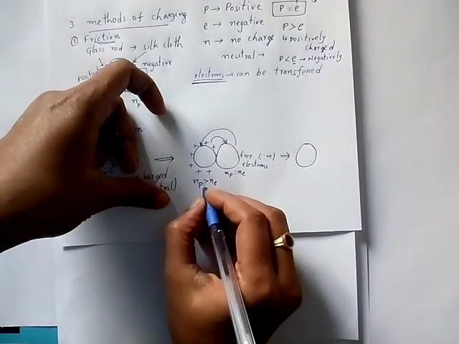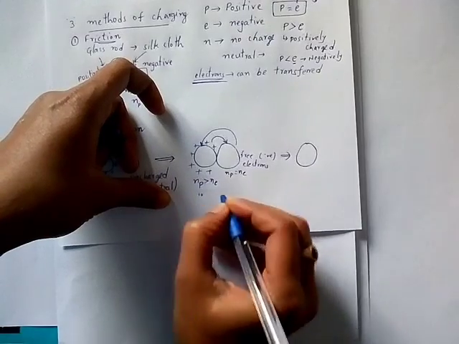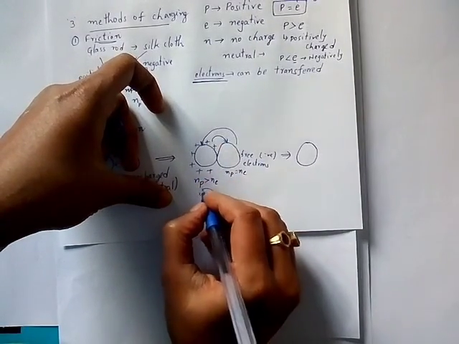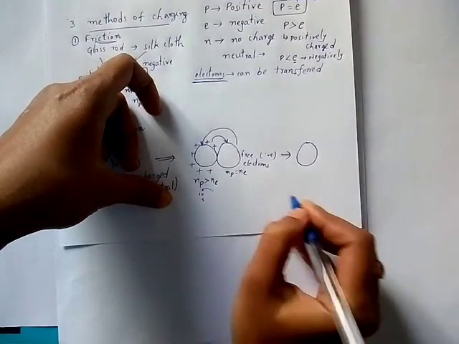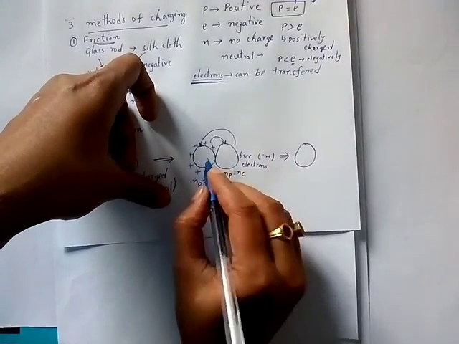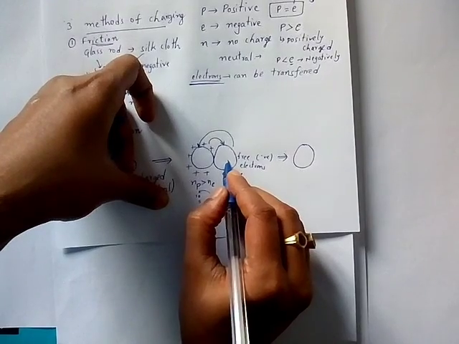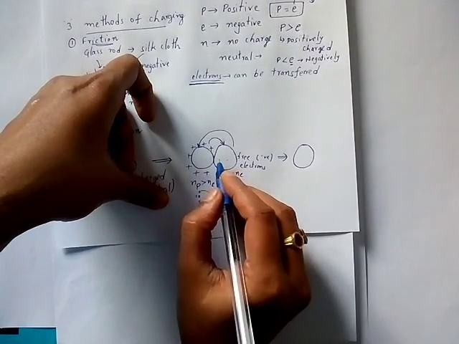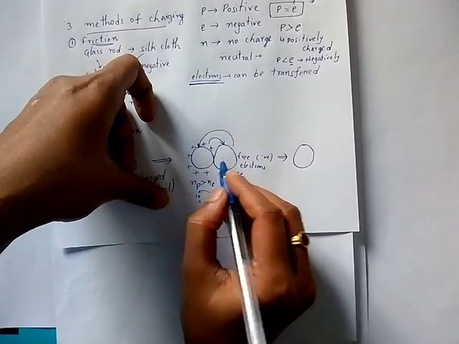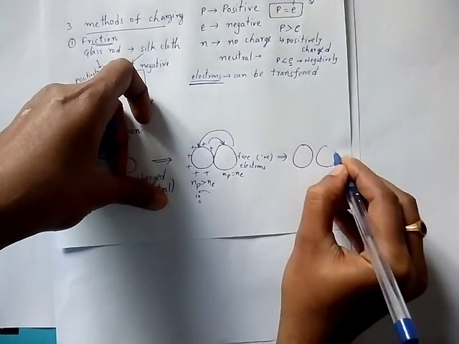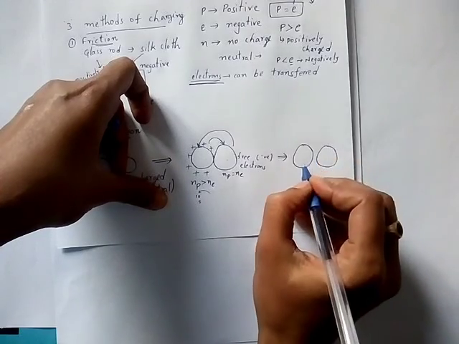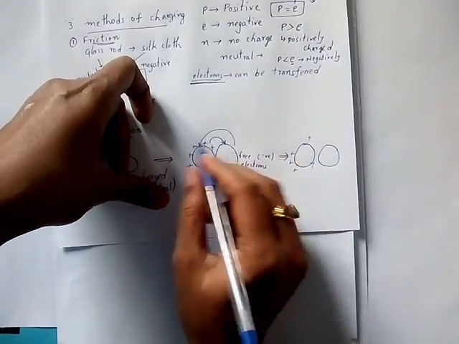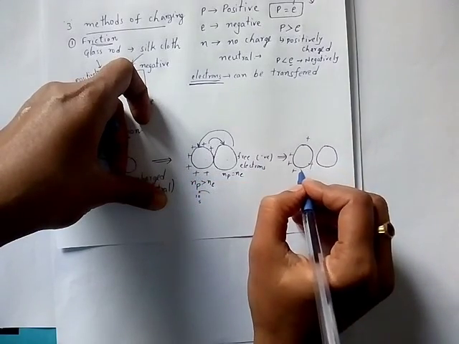If you have 10 protons more than electrons, some 5 electrons are going and joining here, till both of them will become the same potential. Both of them will get the same charge. Till then they will be transferring electrons. After that, both will become positively charged, but comparatively here the charge will become less.